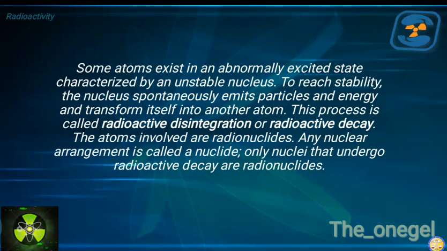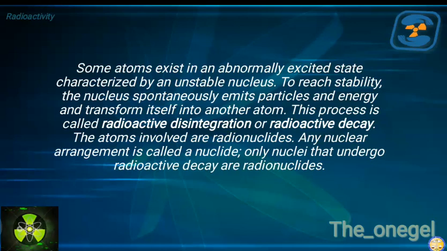So, some atoms exist in an abnormally excited state characterized by an unstable nucleus. To reach stability, the nucleus spontaneously emits particles and energy and transforms itself into another atom. This process is called radioactive disintegration or radioactive decay. The atoms involved are radionuclides.